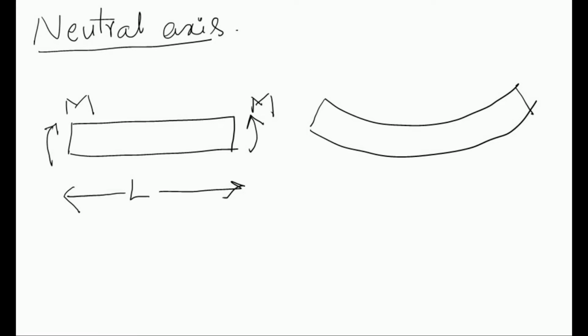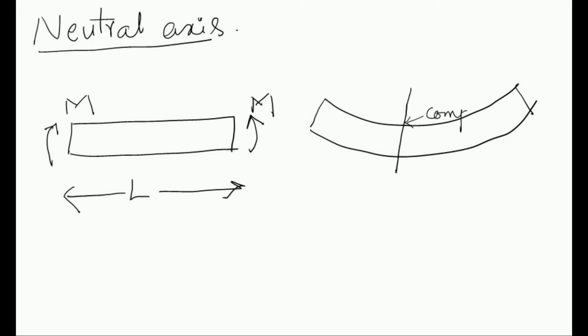So the layer on the top is compressed and the bottommost layer is stretched. What this means is the length of the topmost layer is reduced since it is compressed.